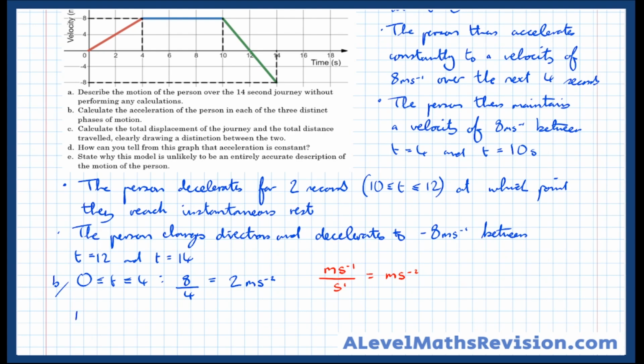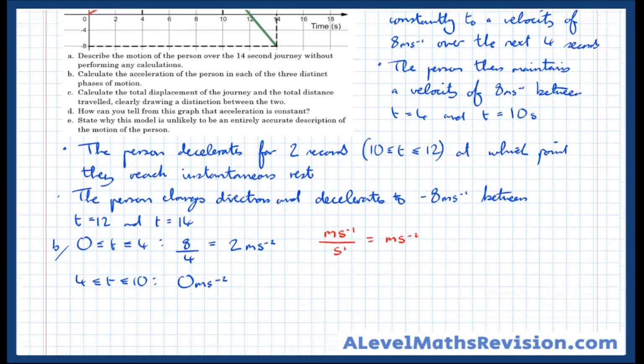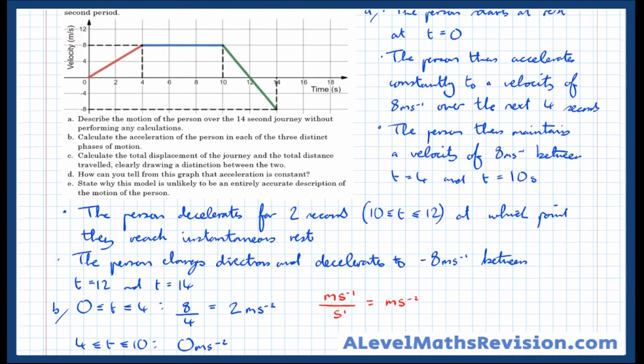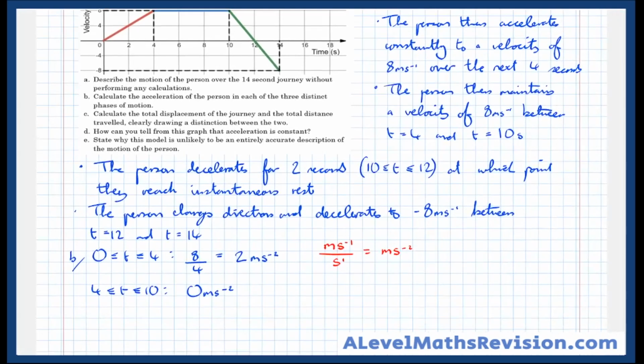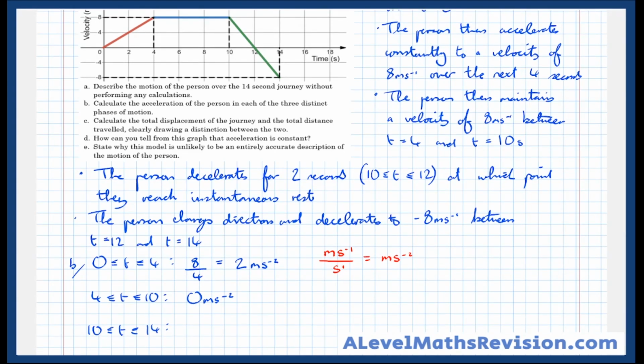So from 4 to 10, we can see it's flat. So it's just 0 meters per second squared. And then between 10 and 14, we can see that the velocity drops from 8 to minus 8.